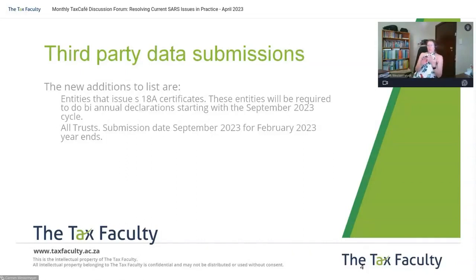SARS's view is, if I've lent or borrowed money from a subsidiary, then because of Section 7C or Section 64E4, in other words the donations tax or the deemed dividend, I'm more than likely going to have quantified the loan already, worked out the interest due, and submitted my tax liability by the end of March.